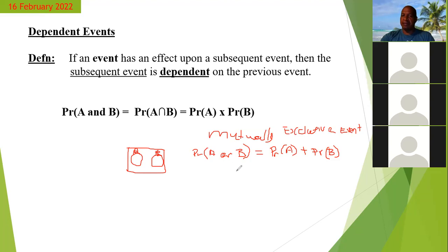So what will happen in that case? You can either get one or the other. And so if you are finding the probability of A or B, we simply find the probability of A, find the probability of B, and then add the two probabilities. Is that clear? For mutually exclusive events.